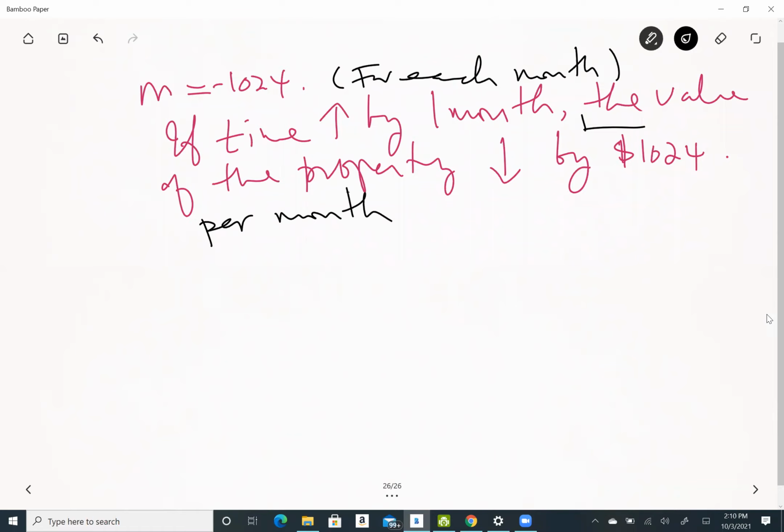Now, what about the intercept? The intercept b is equal to 122,880. How do we describe the value? That value is the y-intercept. Now, what does it mean?